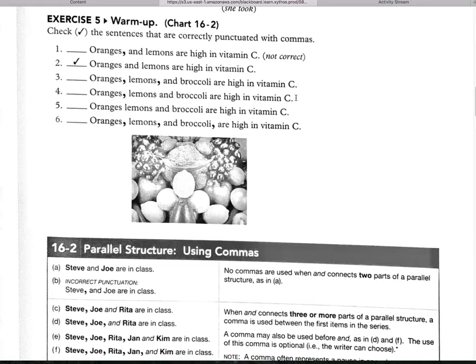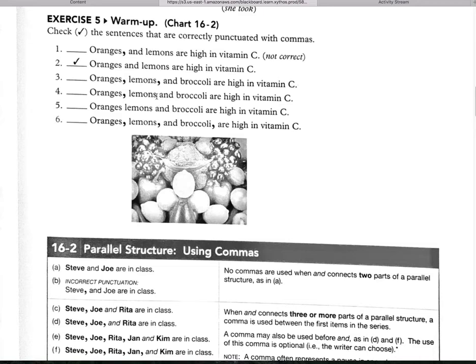This is actually correct, because when you have a series of 3 or more parts of speech in a sentence that are connected with a conjunction, the last comma is optional. So you could say oranges, comma, lemons and broccoli are high in vitamin C. No comma is necessary. It has the same meaning as number 3, where we have a comma before the conjunction.